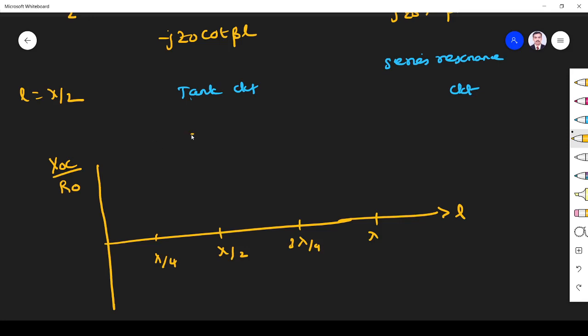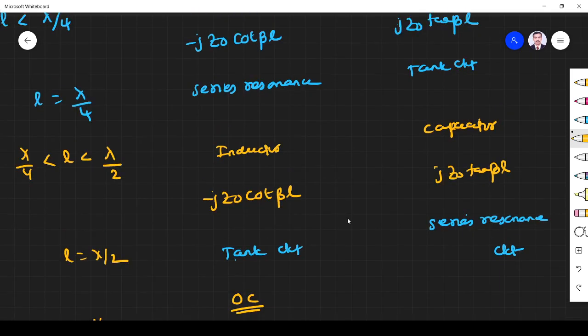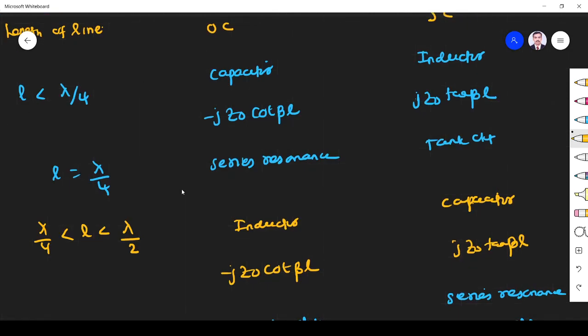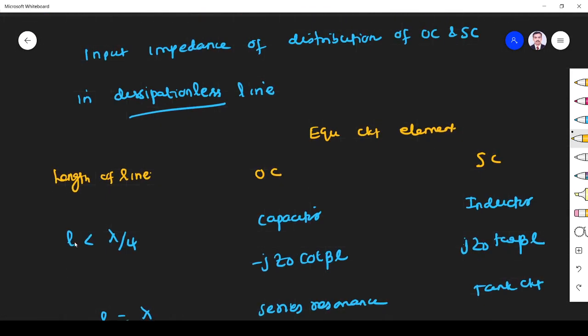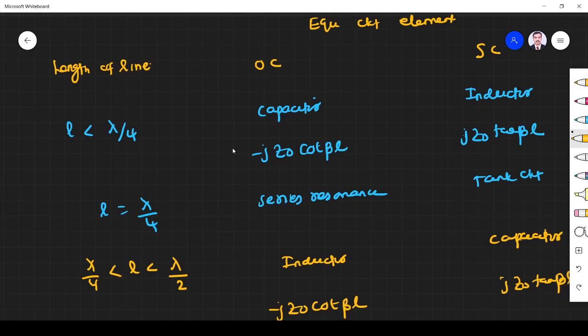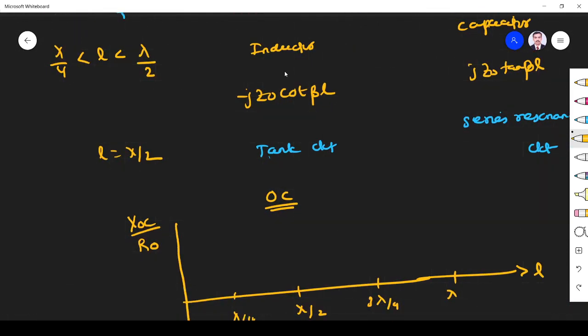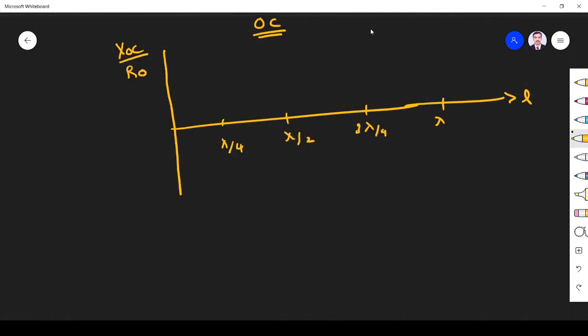This is open circuit. From 0 to lambda by 4, it's a capacitor, so we draw like this. This is positive reactance, this is negative. Positive means L, negative means C.